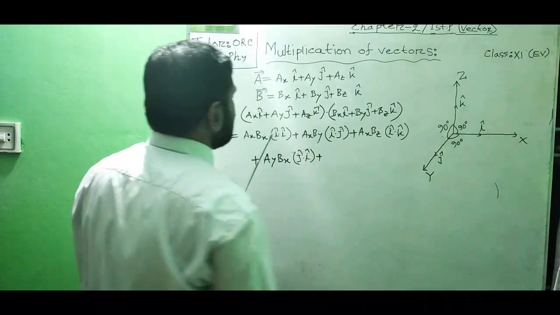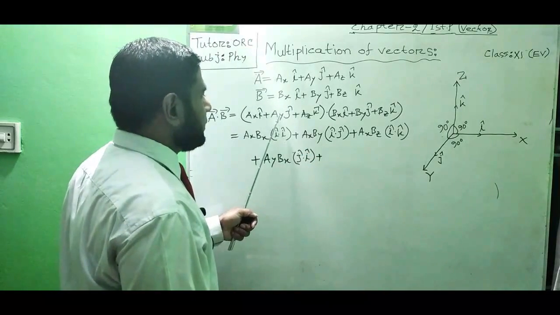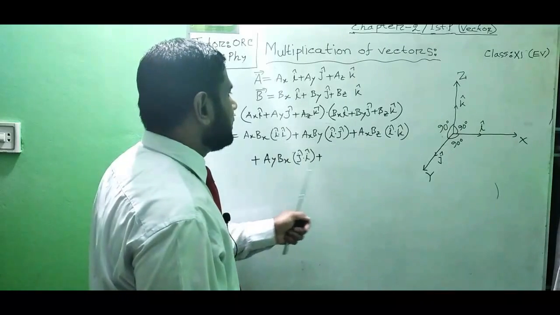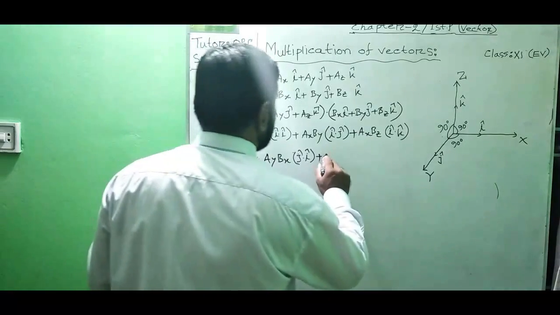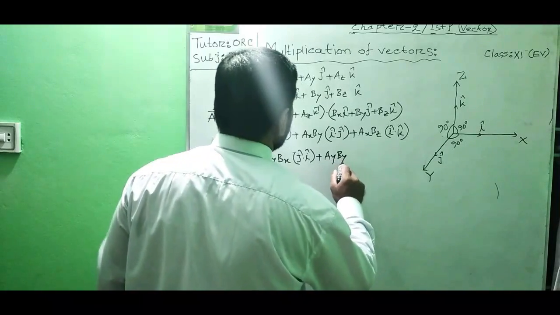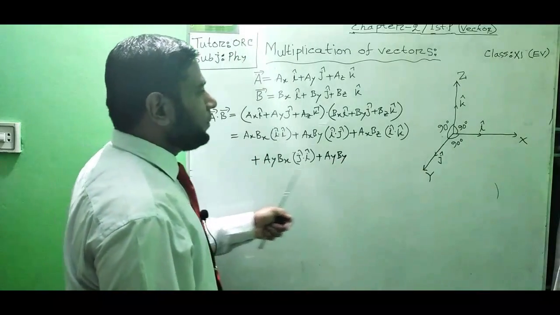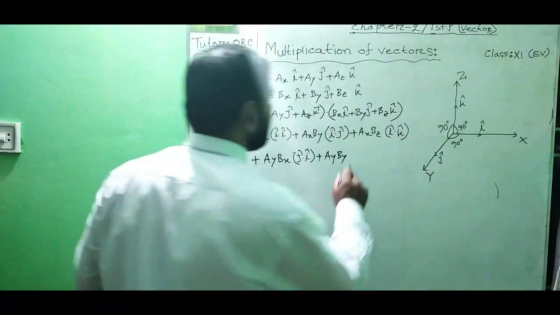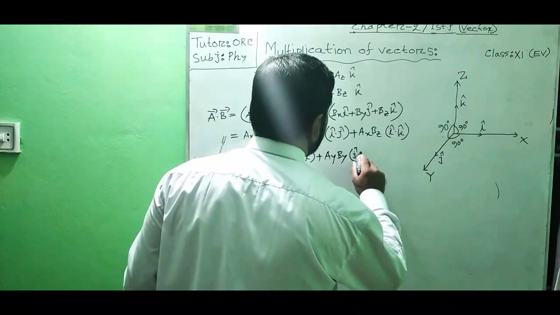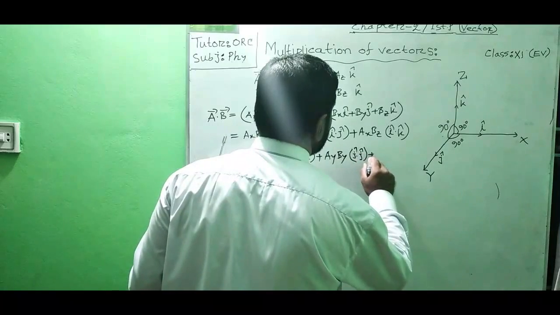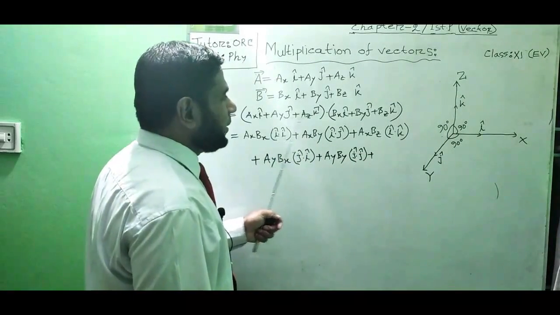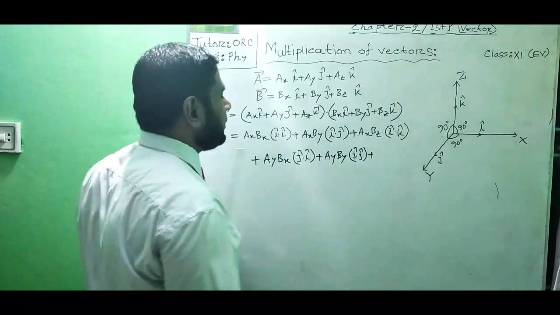Again ay by, the second term of our vector and the second term of the second vector, ay by, and here is j cap and also j cap. j cap dot j cap plus again this ay j cap and bz k cap.